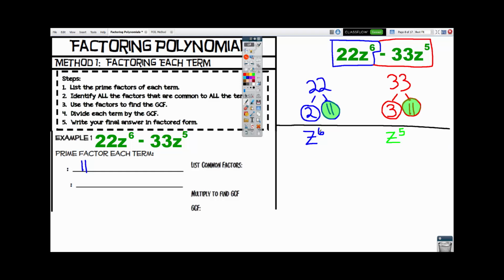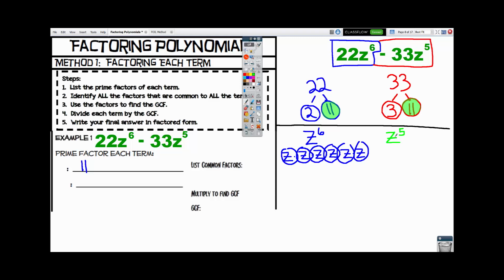And we're going to write it in expanded notation, so that would be z times z times z times z times z times z. 1, 2, 3, 4, 5, 6. Okay, I'm going to circle them. Just had to make sure.